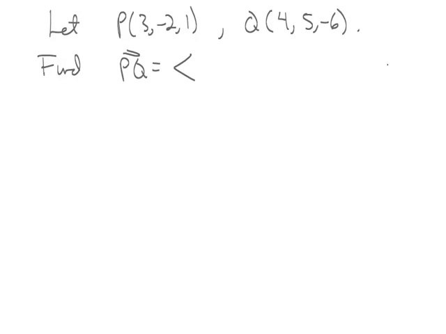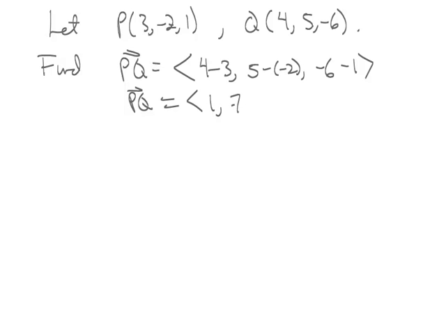That's the vector that starts at point P and ends at point Q. And again, we take the corresponding components of Q and subtract the corresponding components of P. So we'll have 4 minus 3, 5 minus negative 2, and -6 minus 1. And so that gives me the vector PQ to be 4 minus 3 or 1, 5 plus 2 or 7, -6 minus 1 is -7.